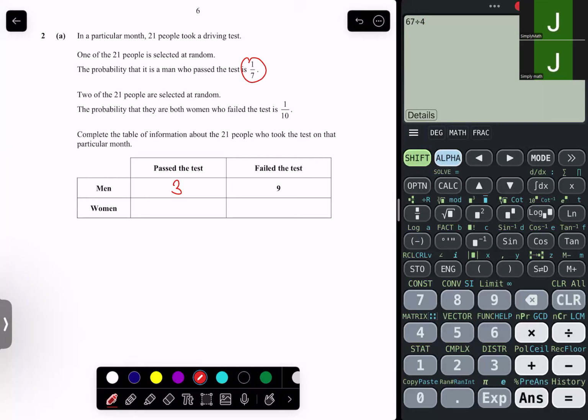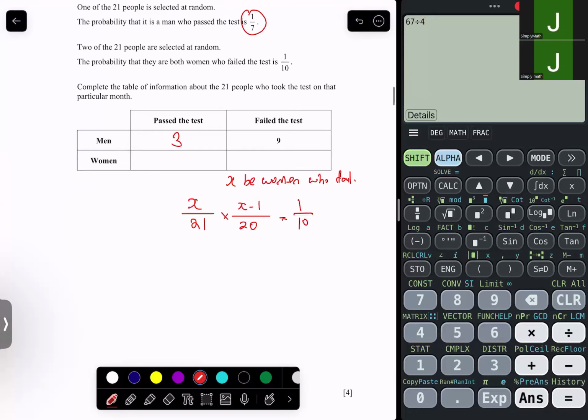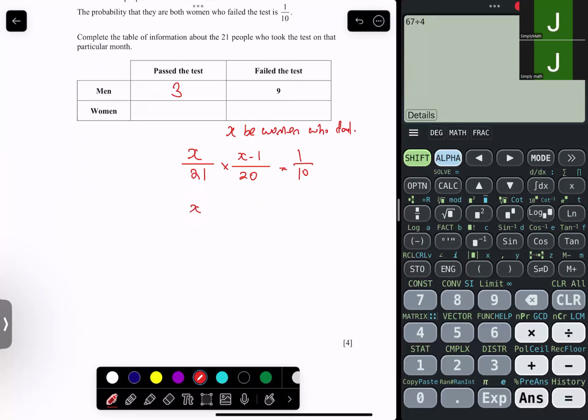Let x be the women who failed. So x over 21 multiplied by x minus 1 over 20 equals 1 out of 10. That's what the question is saying. So that means we'll have x squared minus x over 420 equals 1 over 10.